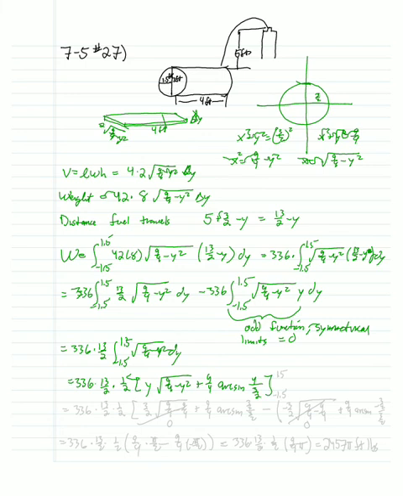We do that from negative 1.5 to 1.5, which again, 1.5 is 3/2. So that's going to give us 336 times 13 halves times 1/2.